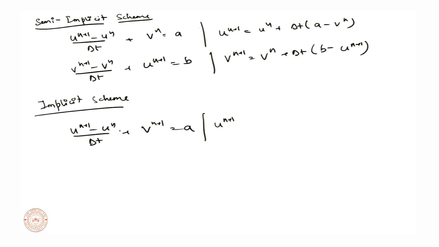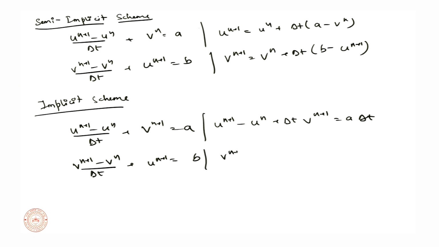We do know u^n, so we will use this: u^(n+1) plus delta t v^(n+1) equals u^n plus a delta t, and then (v^(n+1) minus v^n) by delta t plus u^(n+1) equals b. So, v^(n+1) minus v^n plus delta t u^(n+1) equals b delta t.